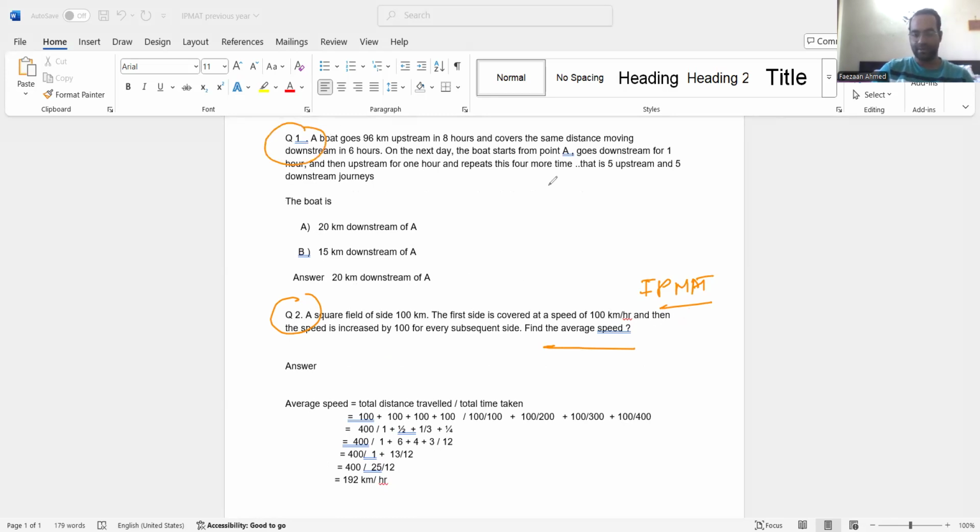This is also an IPMAT question, and if you read it carefully, it should not be difficult. The only thing is that you should know that in downstream you add the stream speed, and in upstream you subtract the stream speed. Then you use the same approach, distance-wise S plus W, distance-wise S minus W. These things will give you the answer.